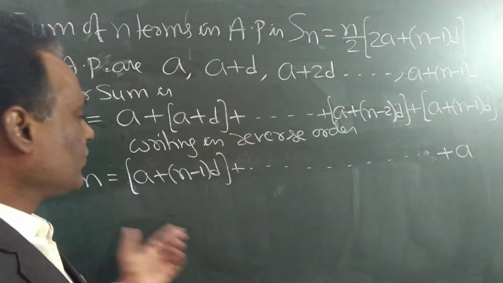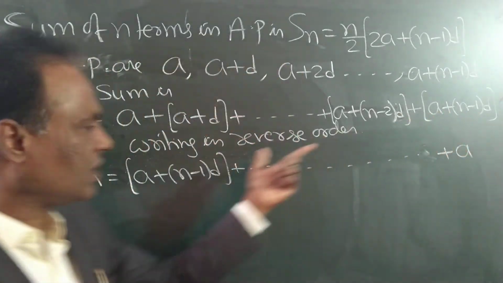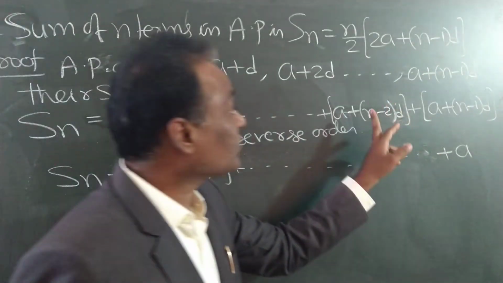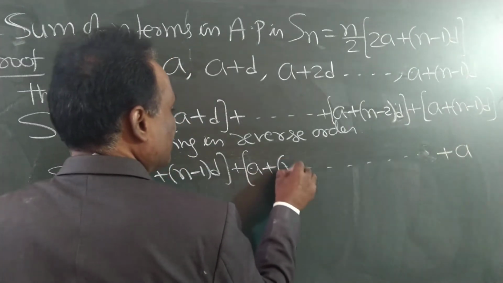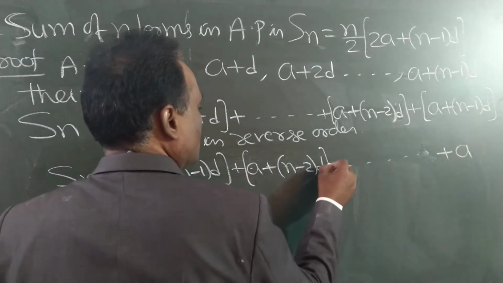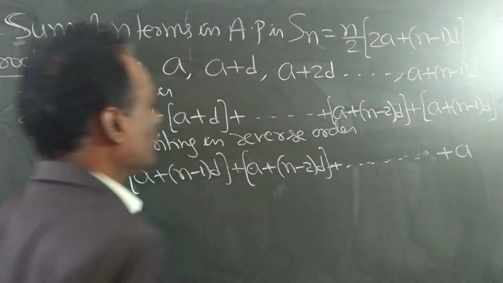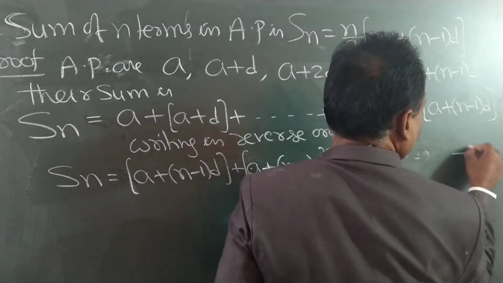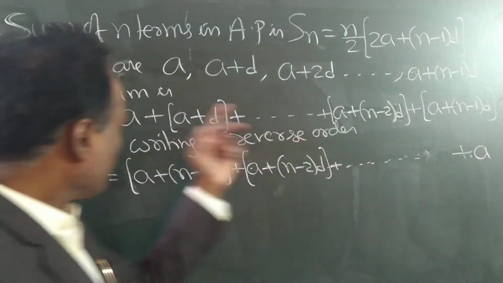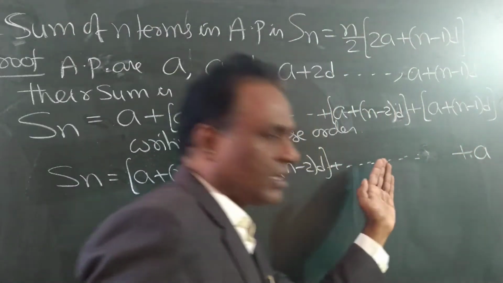If you write in reverse order, the last term I wrote here, the last but one I will write here, so on. If you want this term, it will be the last but one term.